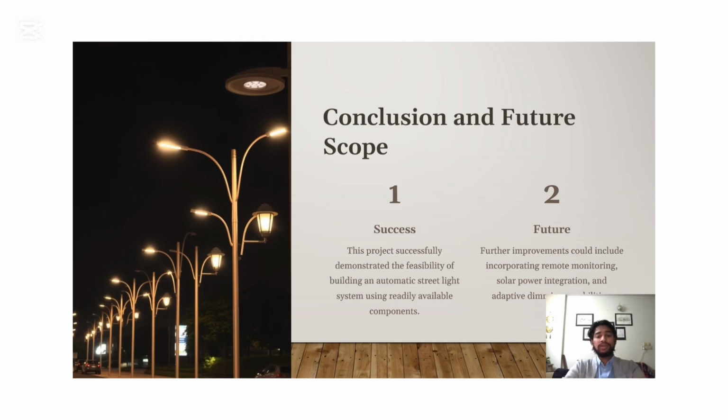Remote monitoring: enabling IoT-based control and monitoring for centralized management. Scalability: expanding the system for highways, parks, and industrial areas. With these improvements, the system can further contribute to sustainable and smart architecture development.